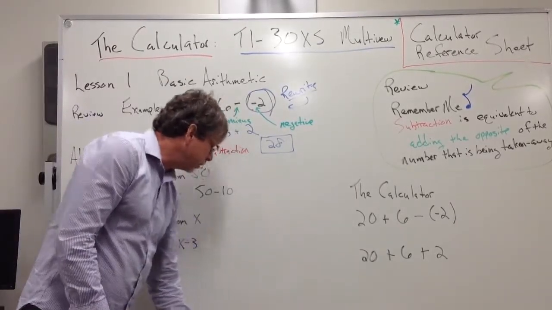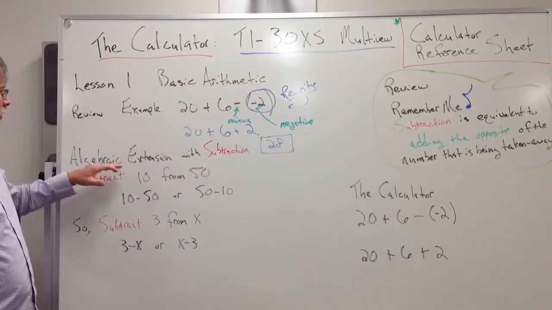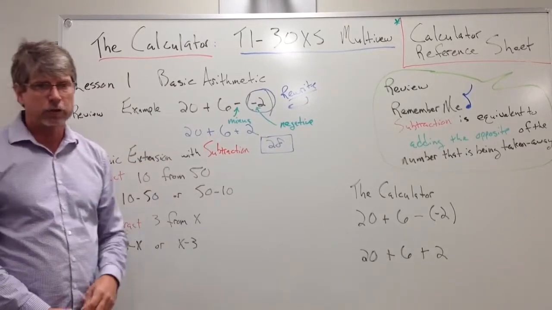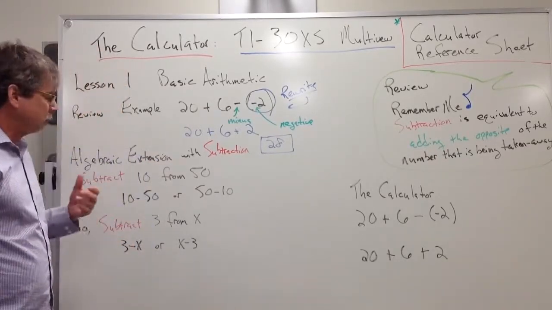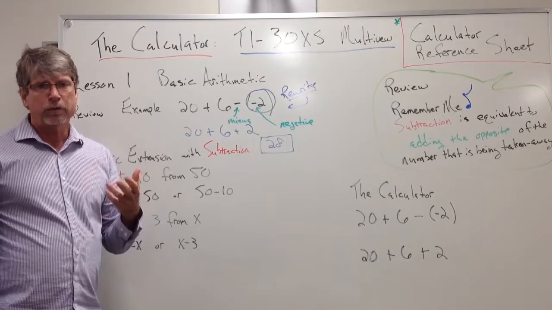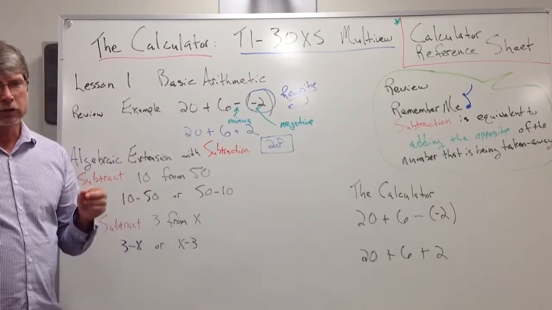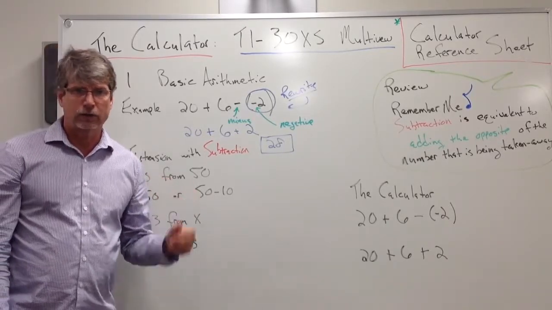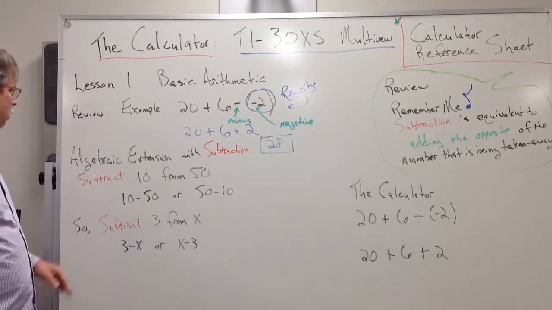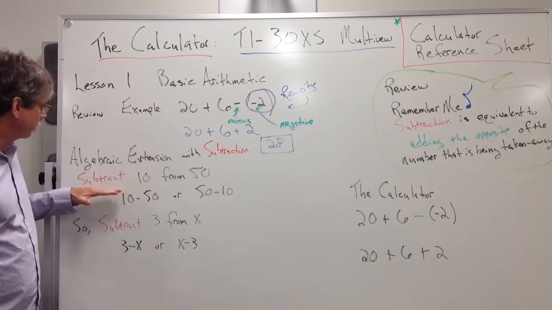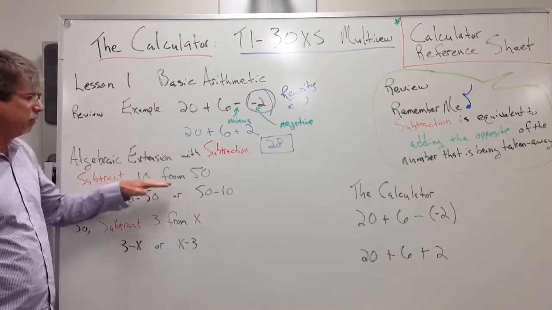Now, something else to talk about is an algebraic extension with subtraction. It's easier with numbers, but on the GED, they're also going to throw in those letters like x. So remember, if I look at this problem, subtract 10 from 50.